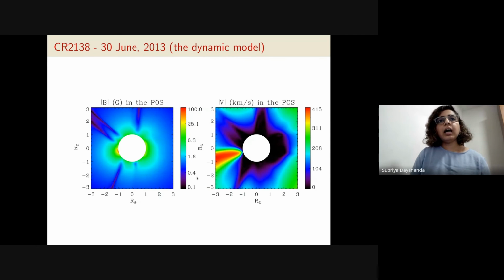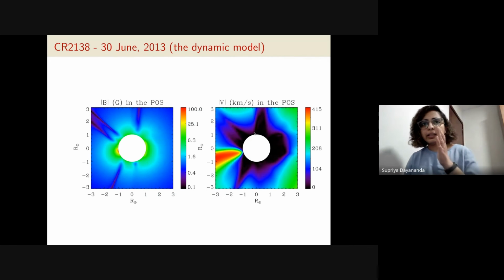So we considered another model, which we call the dynamic model, in which there are velocity fields close to the surface, even going up to 300 to 400 kilometers per second. So let's repeat all these calculations with this dynamic model and see what happens.